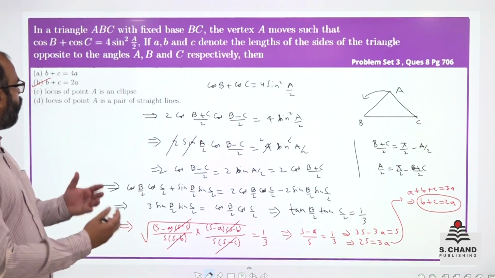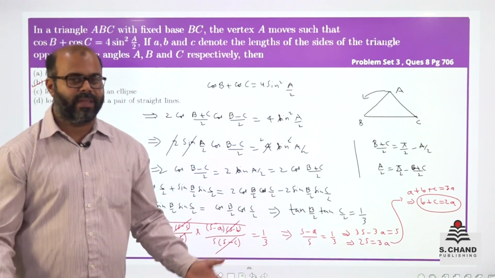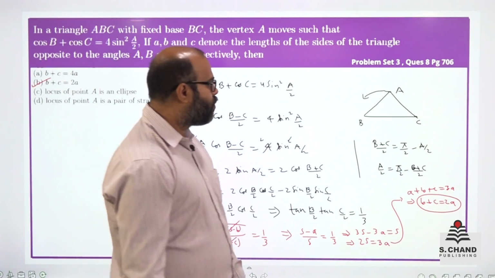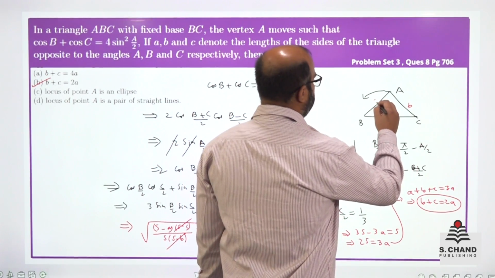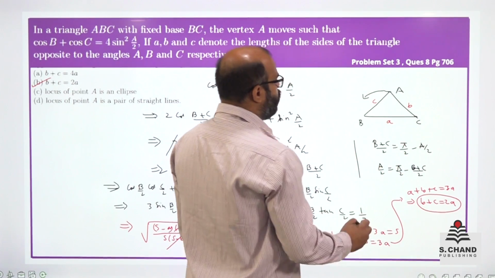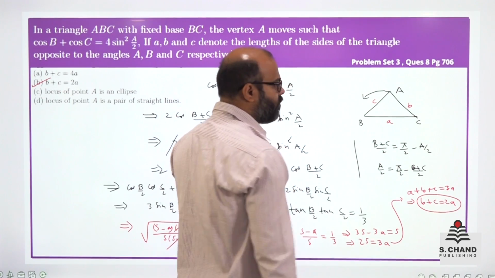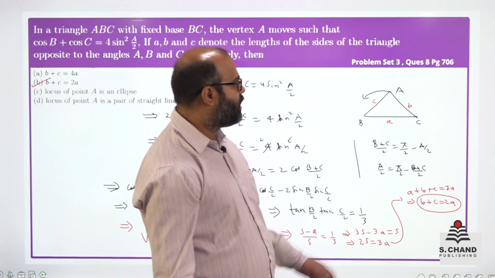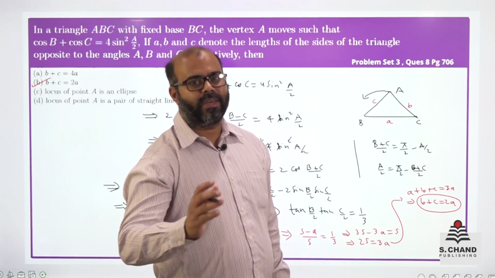Now what type of locus is it? Is the locus of point A an ellipse, a pair of straight lines, or something else? So b plus c is equal to 2a. This is B, this is C, this is A. So the sum of the two sides is equal to twice the third side. That is, it is a constant and it is greater than the third side, since 2a is greater than a.